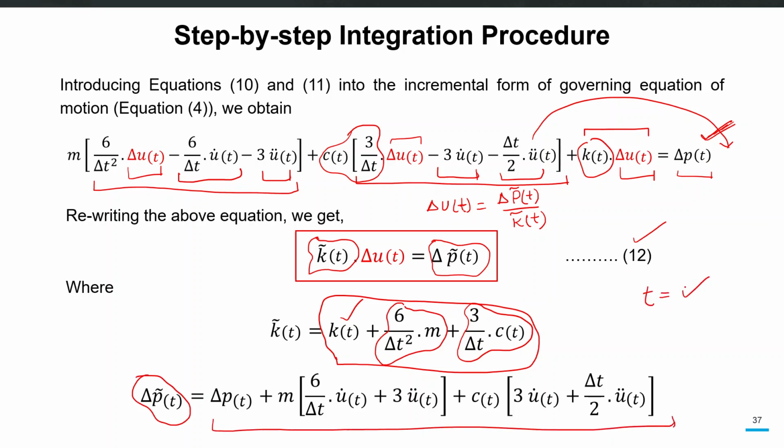So for any time instant t, if we have these values, for example the velocity, the acceleration, delta t, mass, the instantaneous value of the slope between fd and u dot, and the instantaneous value of the slope between fs and u, if we have all these things, we can calculate delta u.